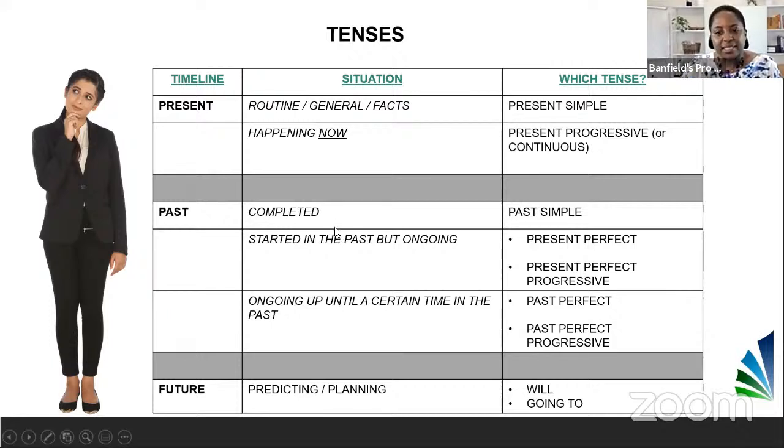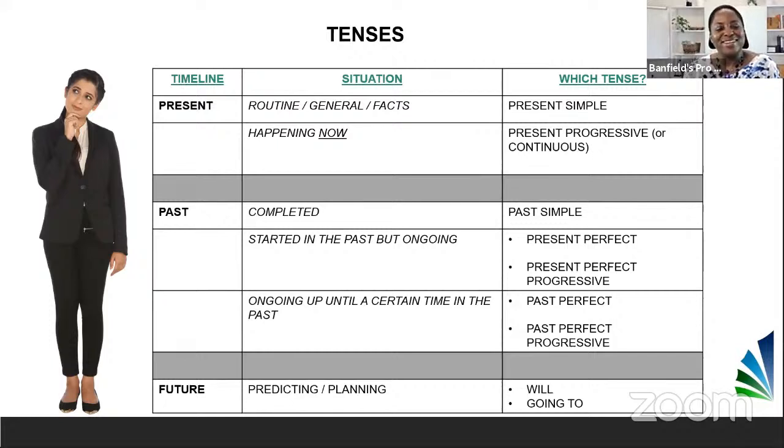Of the past tense forms that you will be using most often, we have the simple past, and that is the one you use when something happened in the past and it's done. Okay, so for example, last year I worked very hard.